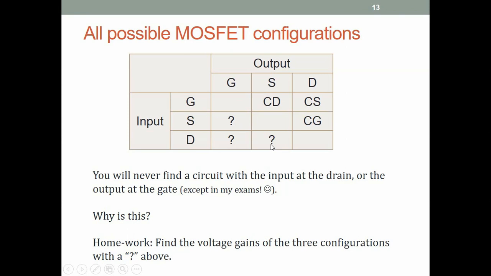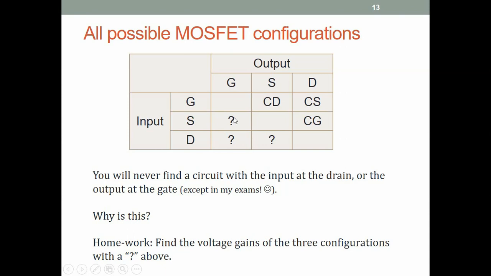I would like you to wonder now and answer as to why these are never ever discussed. The way you will wonder about it is by doing this homework: find the voltage gains of these three configurations with the question mark. So you apply the input at the source, take the output at the gate and find the voltage gain. And similarly for these two.